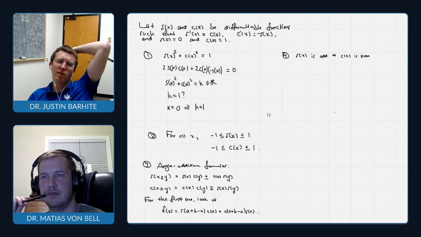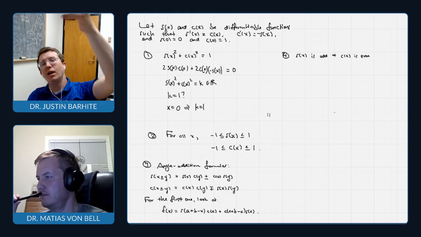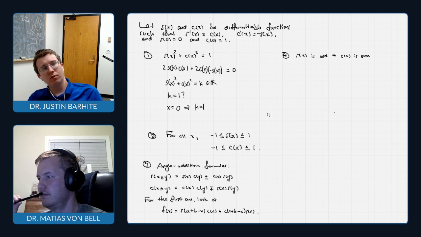How do you use that and show that s of 2 pi is 0 and c of 2 pi is 1, just using what we have?